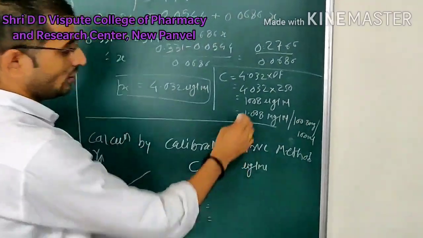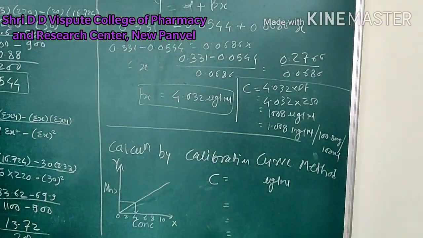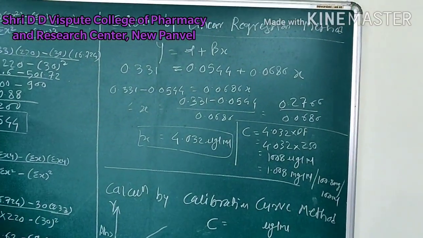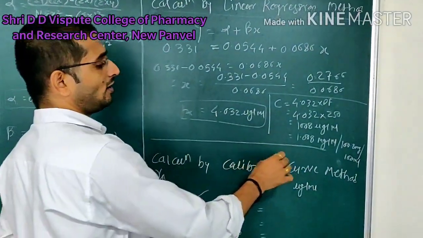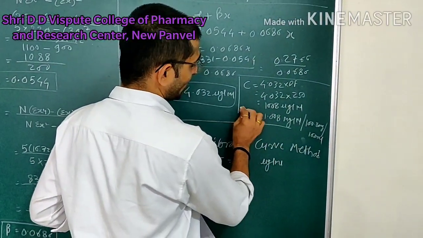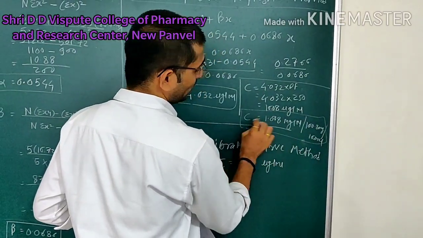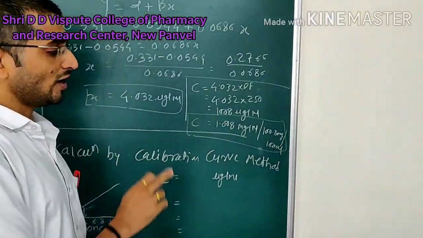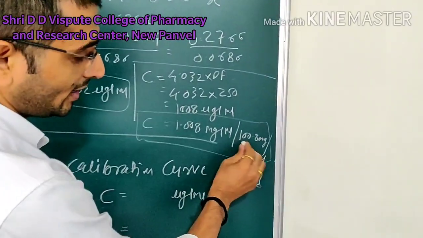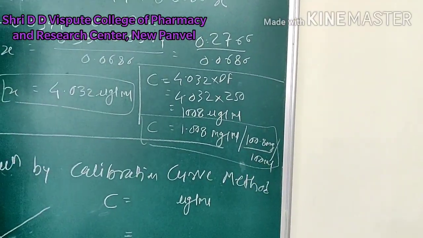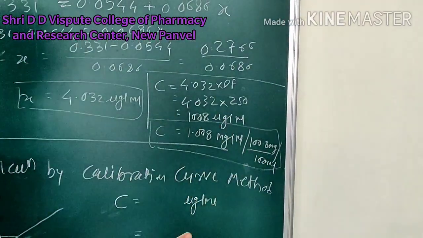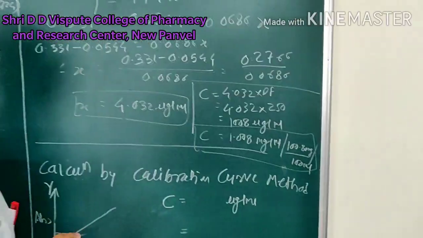Okay, so the content of paracetamol in the given sample solution is 1.008 mg per ml, and in 100 ml it is 100.8 mg per 100 ml by the linear regression method.